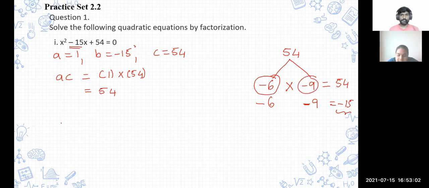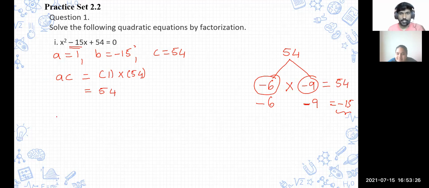This was done in 8th and 9th standard also. This is also called splitting the middle term.